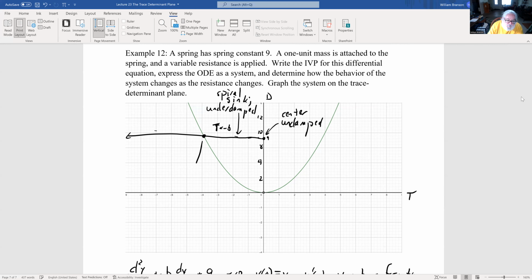Right at that point, that is a double eigenvalue. And we called that critically damped. And remember that our solutions ended up having that extra t value in there somewhere. We had to multiply by t. And then out here we have a sink. And before we called that overdamped.